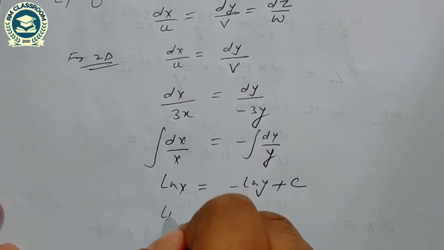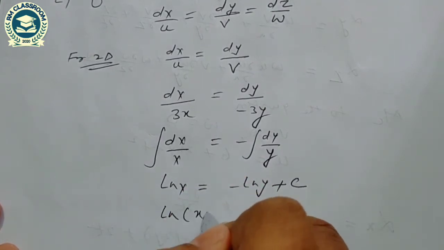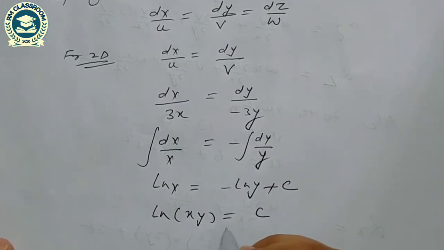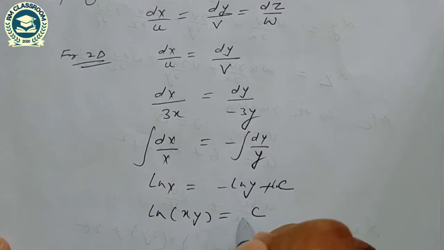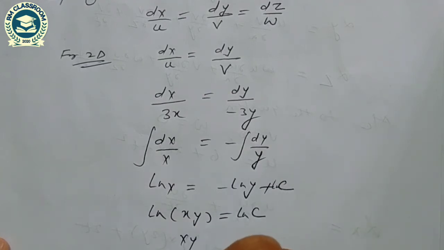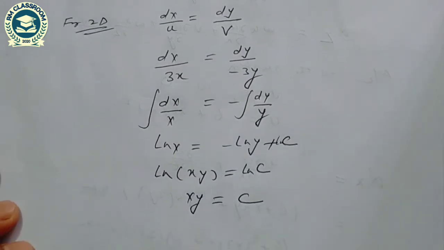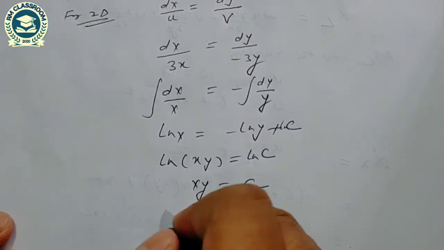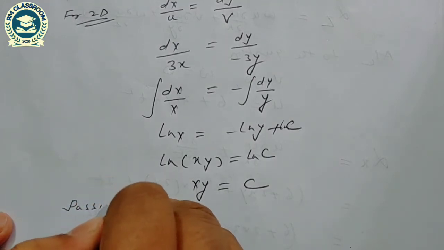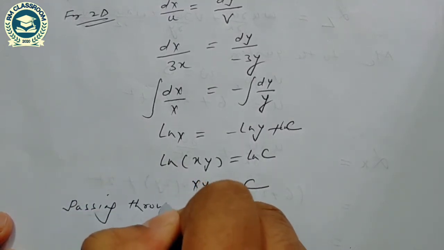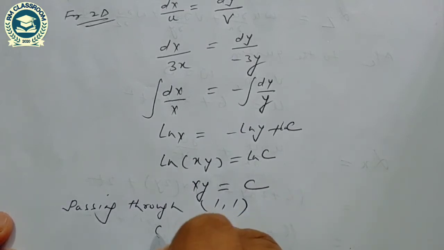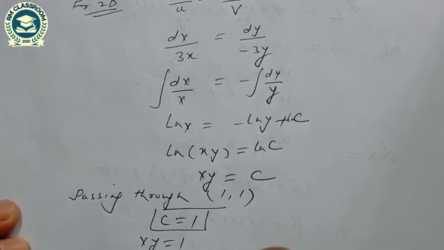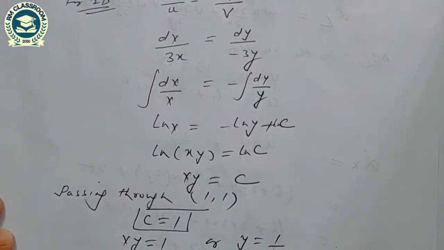So we can write ln x plus ln y, meaning ln xy, is equal to ln c. So xy is equal to c. This equation is passing through (1, 1), so c is equal to 1. So the equation of streamline is xy is equal to 1, or y is equal to 1 by x.